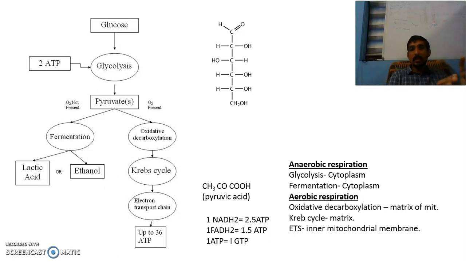But in glycolysis, they get a final energy of 7 ATP, whereas in fermentation, whether it is lactic acid or alcoholic fermentation, they lose energy equivalent to 5 ATP. So the final energy during anaerobic respiration is 7 ATP from glycolysis minus 5 ATP from fermentation, which is equal to a total energy of 2 ATP only.